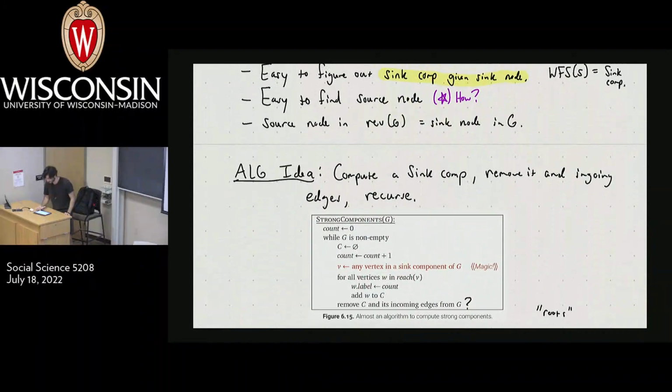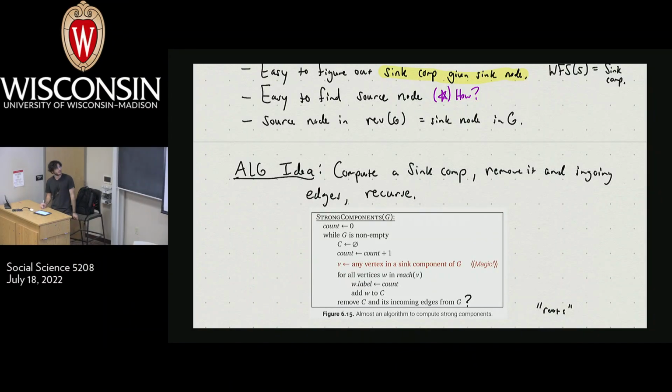And here's the pseudocode. We take any vertex in the sink component, and we do a search over it. For every node we find, we label it with the same label, count. The way we're going to keep track of the components is labeling them each a different label. Before we used a clock, now we're just going to use a count.